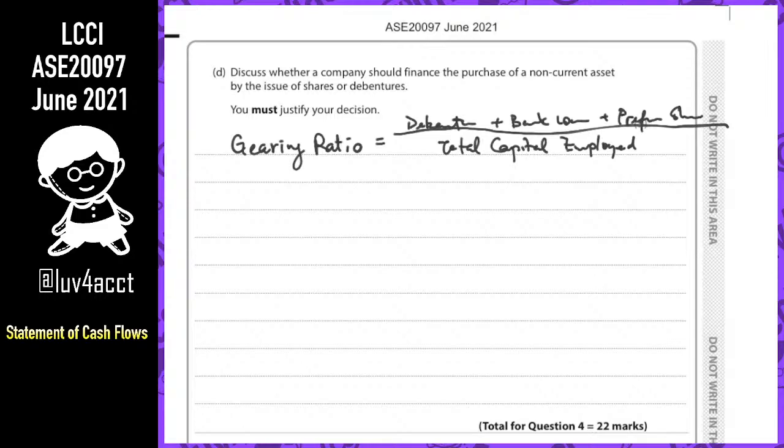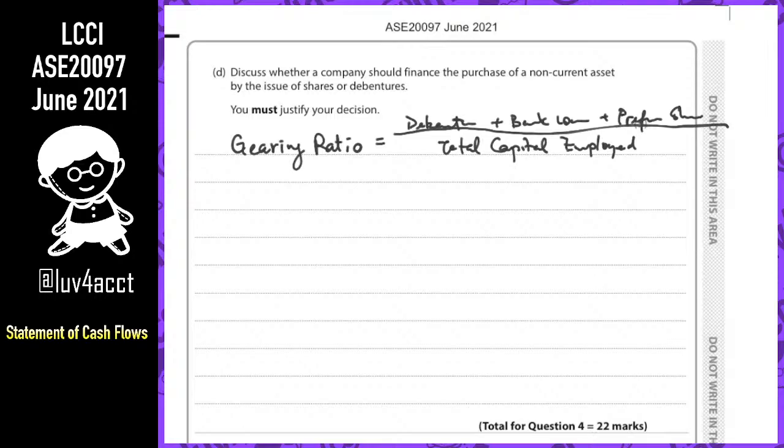On the other hand, if you are worried that you cannot repay, then you issue shares. Do you have any drawbacks with it? Of course you have. When you issue more shares, that means you have more shareholders to share your profit in the future.